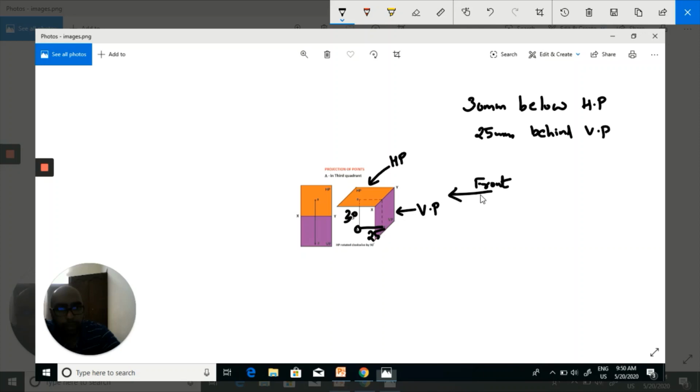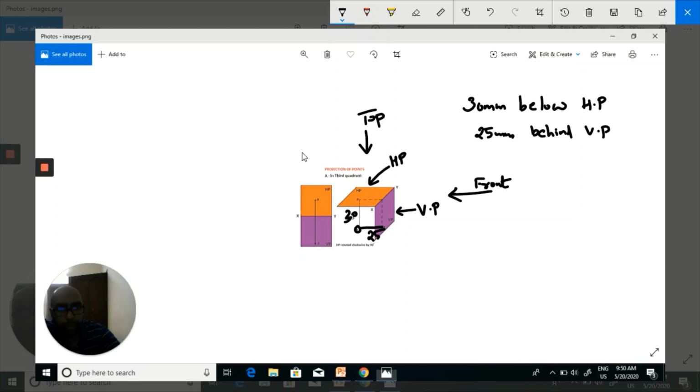Looking from the front, the point projection will be on the vertical plane, and if you look from the top, the projection of the point will be on the horizontal plane.